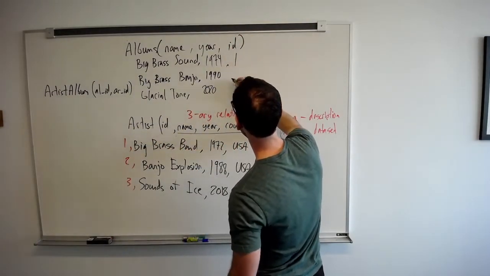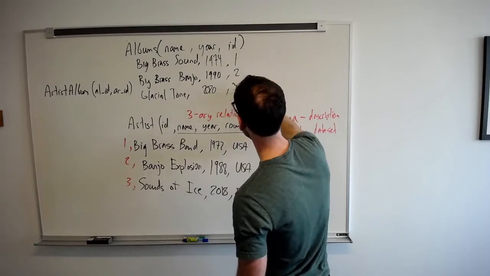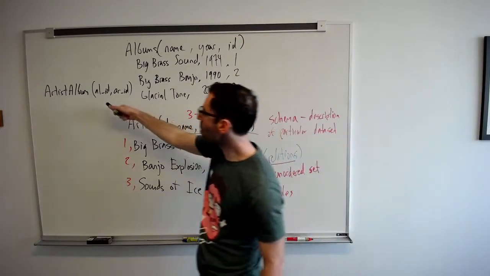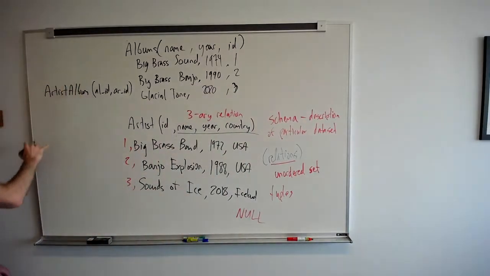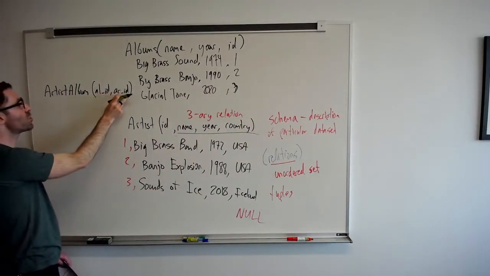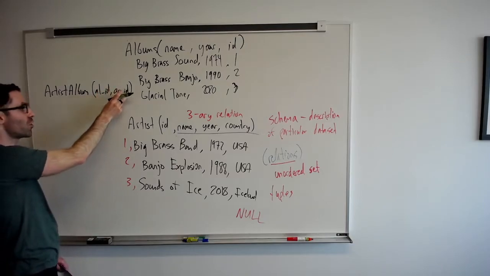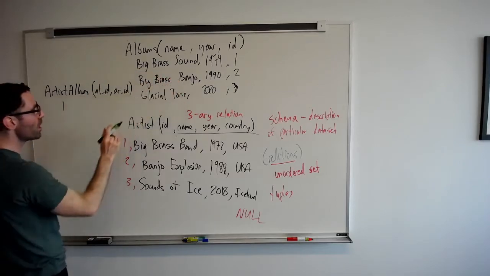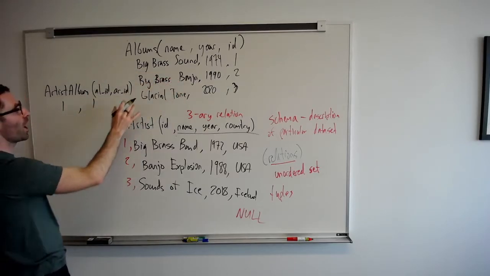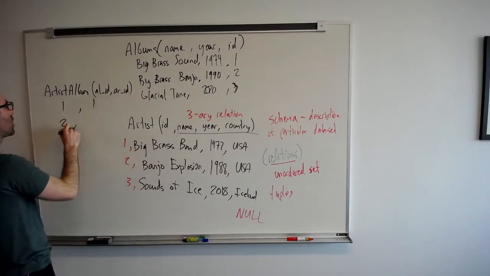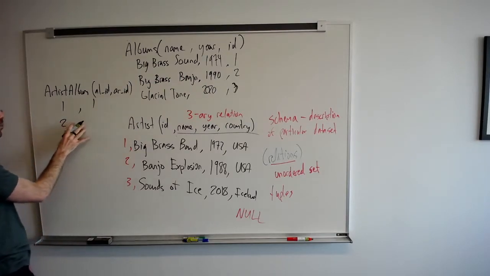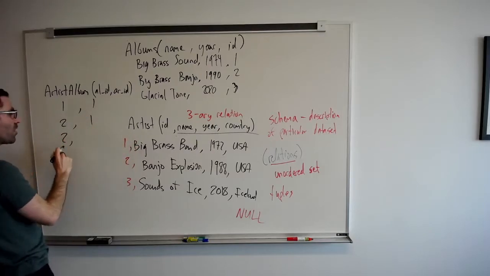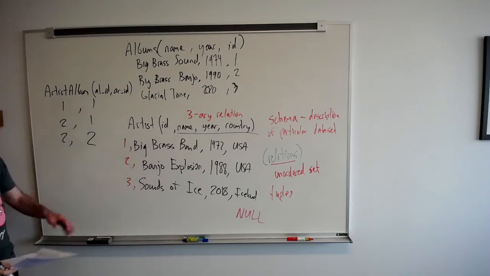Again, we can do 1, 2, 3, just something that's unique for each album. And then our artist album relation just contains tuples of album ID and artist ID. So we know that for album ID 1, that's artist 1. For album ID 2, one entry in this table would be for Big Brass Band, and another entry would be for Banjo Explosion.